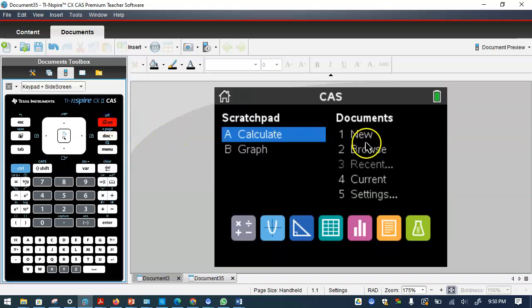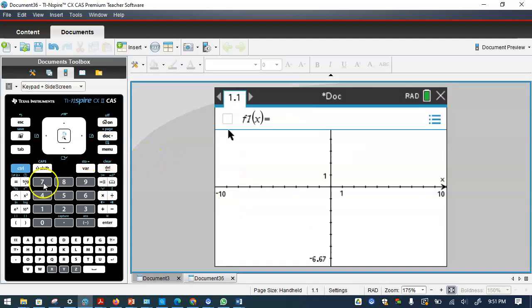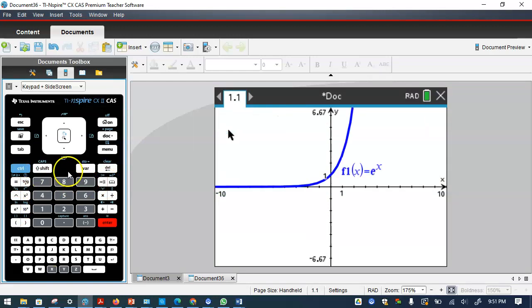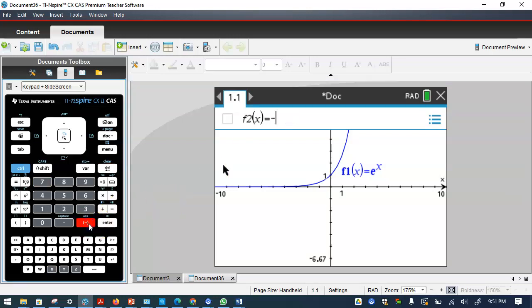I'm going to use the graph, and here I'm going to use e raised to the power x, enter, and then the other one is minus 7x. So I click on the tab here and put minus 7x, and enter.